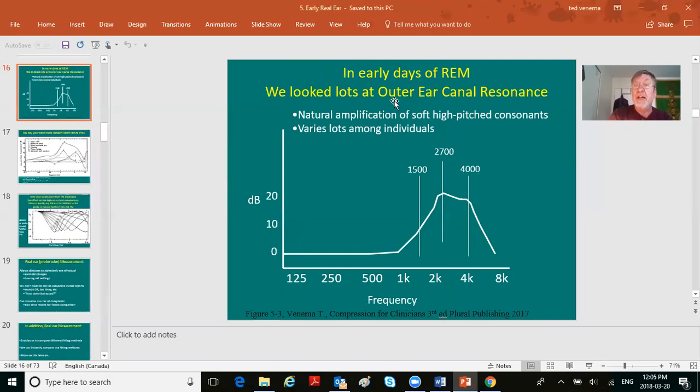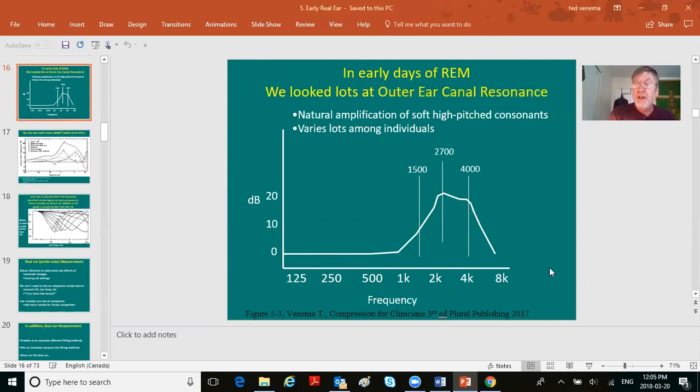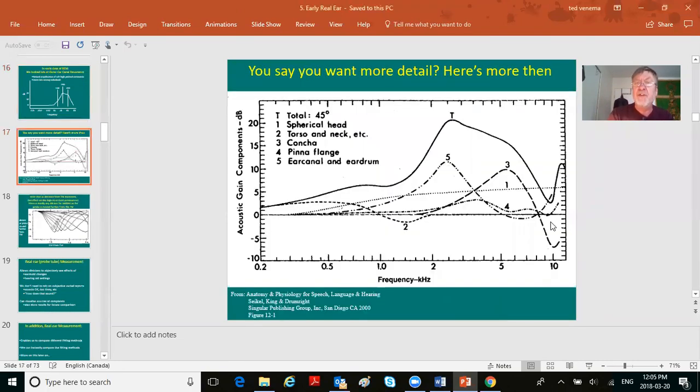When you're looking at outer ear canal resonance, that is the very same thing as REUR. They are one and the same. So when you're looking at the outer ear canal resonance, to get a true grasp of what it really is, that probe tip should be in the canal, all the way toward the eardrum. That's the only way you can really say you've grasped the whole real ear unaided response, or REUR.